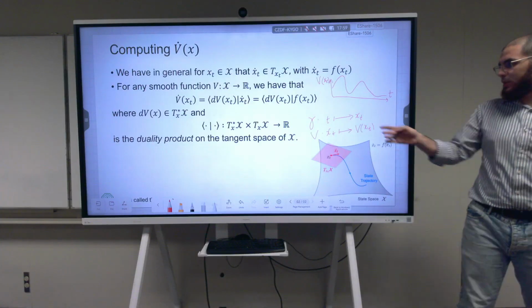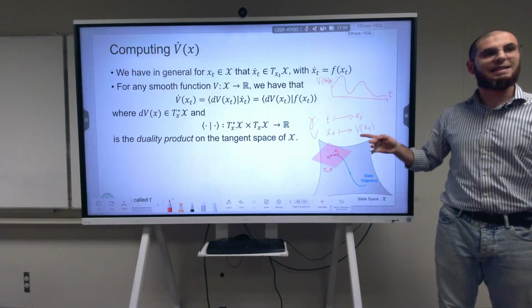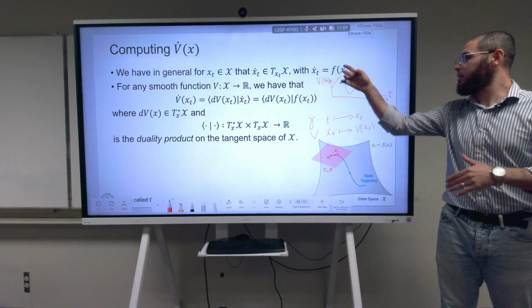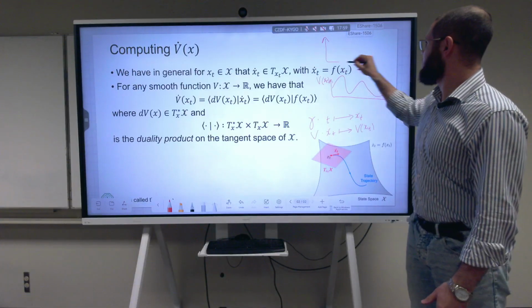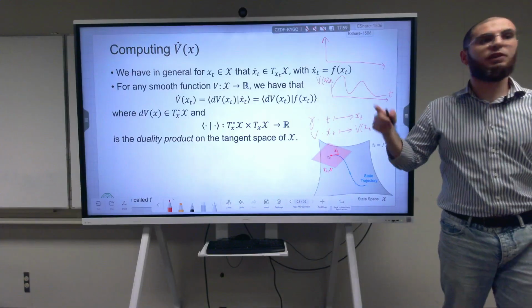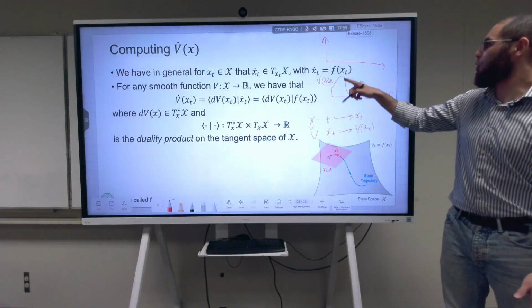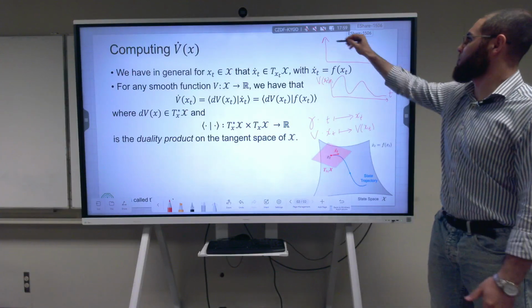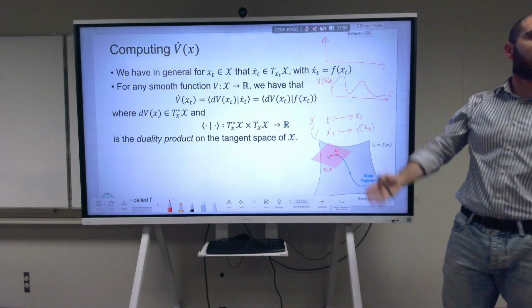Because x is a function of time, so V eats the x, and x itself is a function of time. So V now is actually a function of time. What is V dot? The tangent of this, the derivative of this function with respect to time. So if this function was a sine, this would be a cosine. If this was a ramp function, this would be just a constant, and so on.